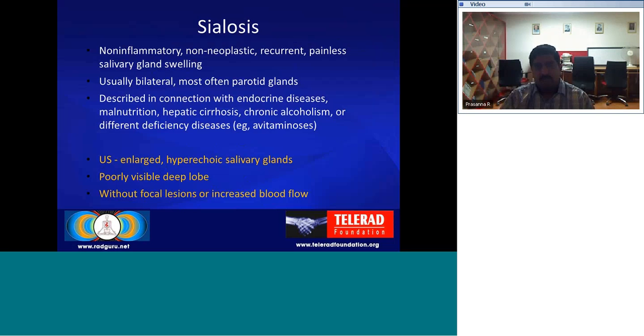I have seen a few patients who come with salivary gland swelling without any pain, and we cannot really explain the reason for the swelling, but this lesion is categorized as sialosis. It is usually bilateral, most often in the parotid glands, and can be associated with pre-existing diseases like endocrine disease, malnutrition, hepatic cirrhosis, chronic alcoholism, or different deficiency diseases.